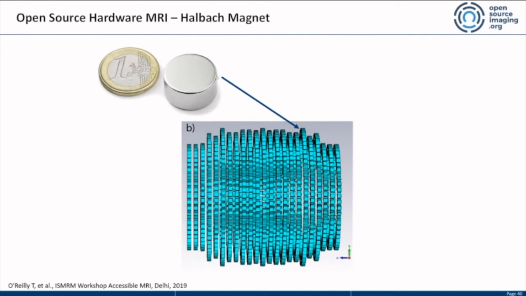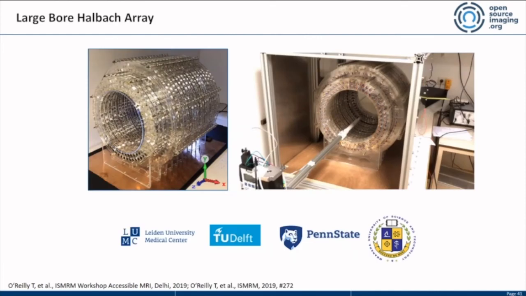So the idea is to put in more magnets to have a bigger bore. This was actually done here in the Netherlands, in Leiden, by the group of Tom O'Reilly. He created this extremity MRI where you can scan a hand or a knee.